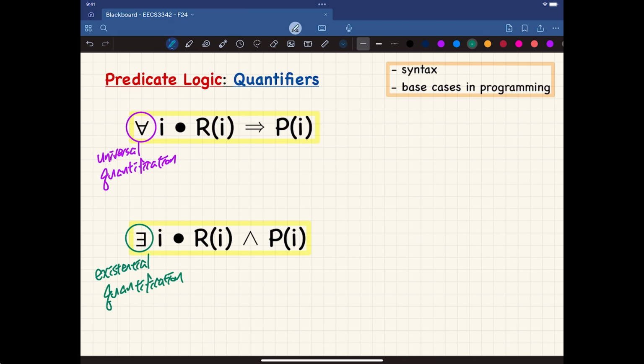The R over here is a predicate, which will specify a certain range. This is what we call the universe of discourse. You will see that on the slides.